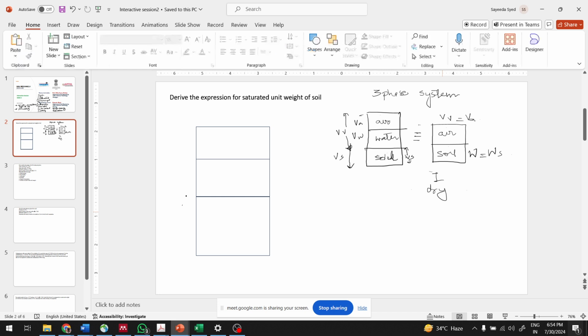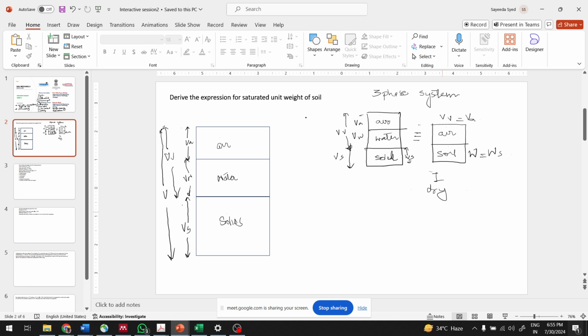So these are your solids. This is the water, and this is the air. This is completely the volume of voids. This is volume of water, and this is volume of air. This is volume of solids. And this completely is the total volume.